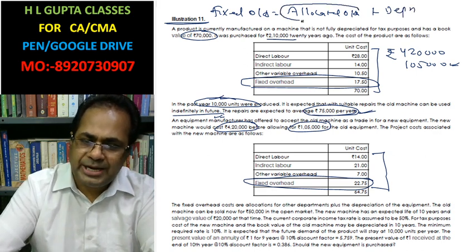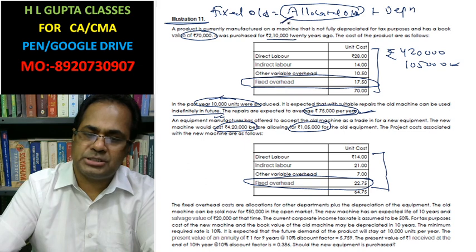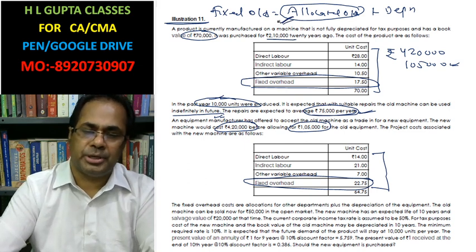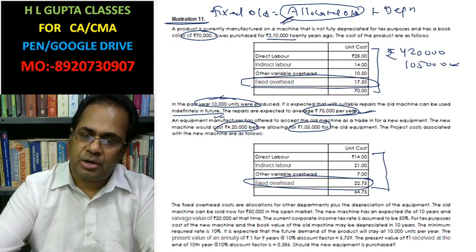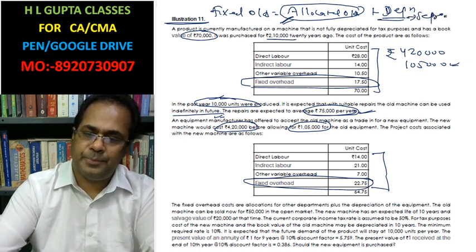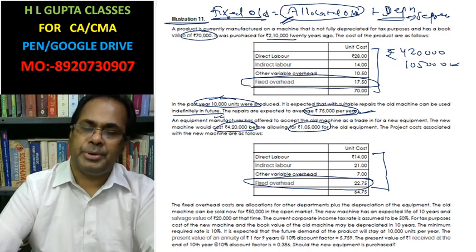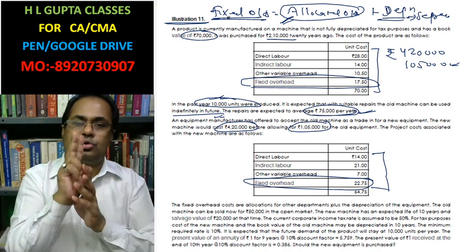Allocated overhead is not considered for decision making. And if you are going to consider depreciation separately, then you need not consider the total fixed overhead, because the fixed overhead includes the two expenditures.